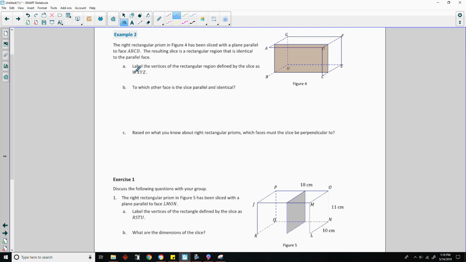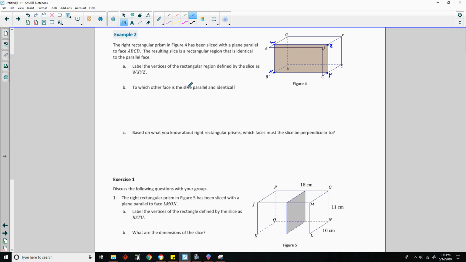So A will correspond with W. This corner right here is W. Then X corresponds to B. B is here, so X will be right here. Y corresponds to C. C is here, so Y would be here. Finally, Z corresponds to D, so Z is right there.